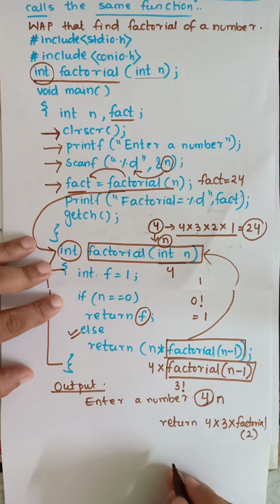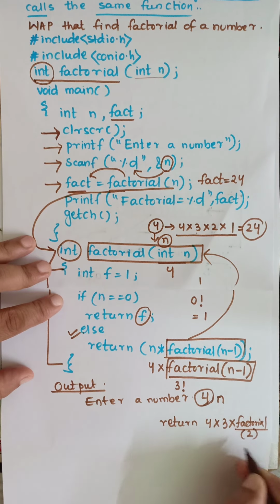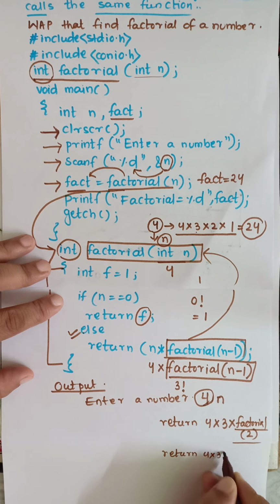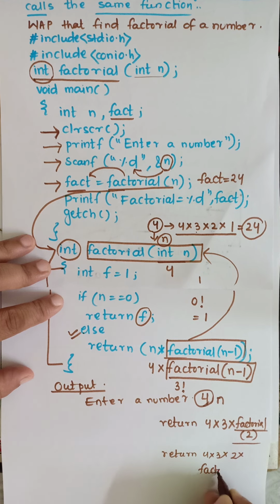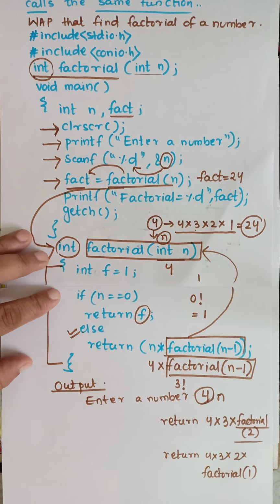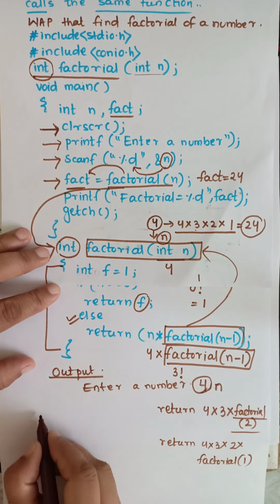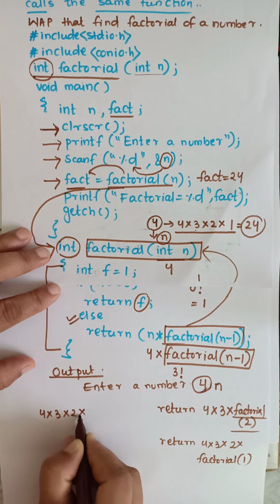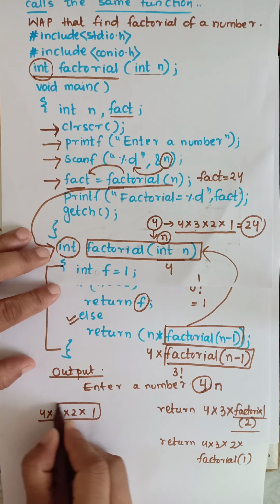Okay, so next again the same function is executed. So next it returns 4 into 3 into 2 into factorial 1. Okay, so now what is the final output? What is our result here? 4 into 3 into 2 into 1. Okay, so now this is my result.